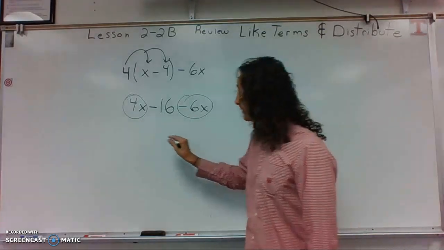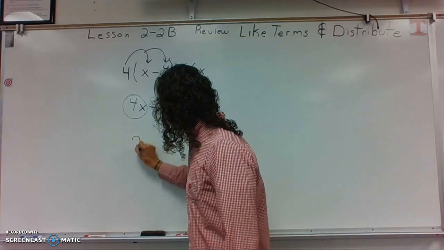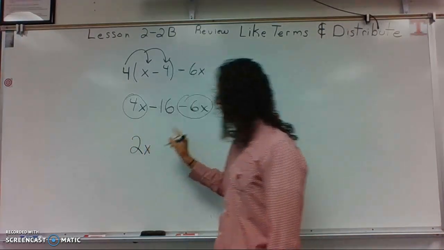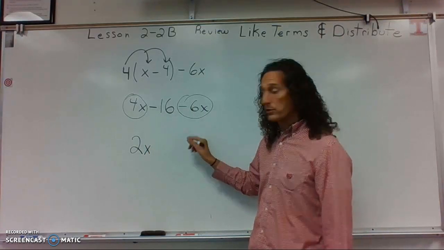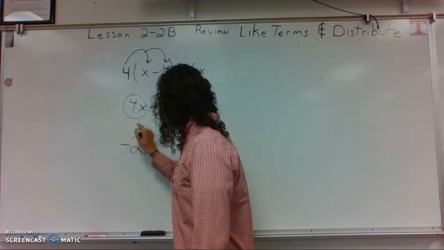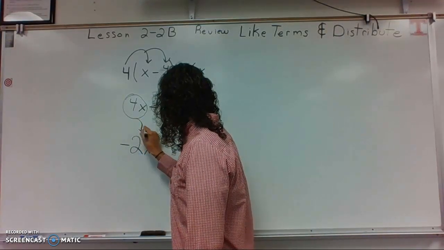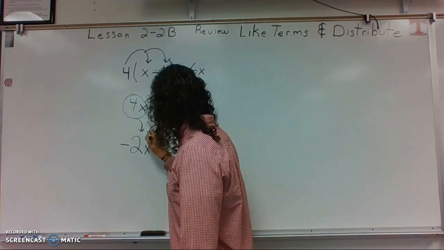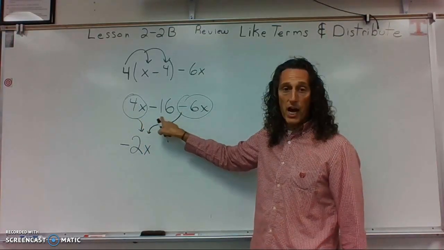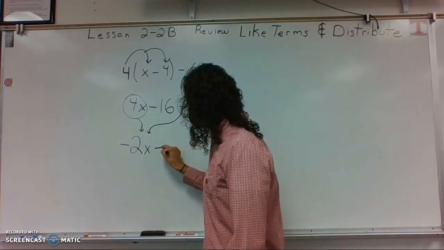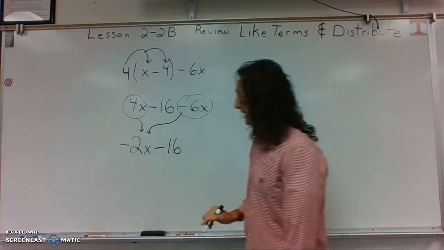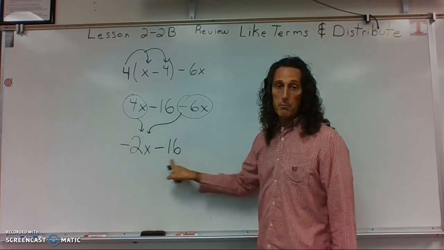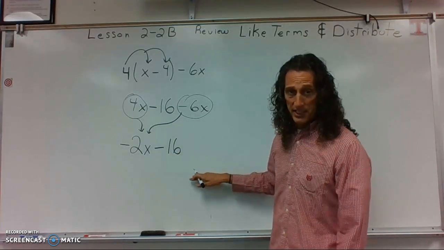You're going to subtract. You're going to get a 2x. But the 6x has more players, so it's going to be a -2. So there is my like terms over here. And then I take my constant, my leftover, and drop it down. And I get -2x -16, and this is simplified.